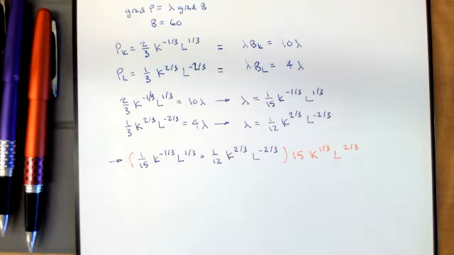Is the equation so simple to make because that's how things actually are, or is it just so that this would happen when we multiply? The 1/15 times the 15 cancels out. K to the 1/3 times K to the negative 1/3 cancels out. L to the 1/3 times L to the 2/3 is L to the 1.